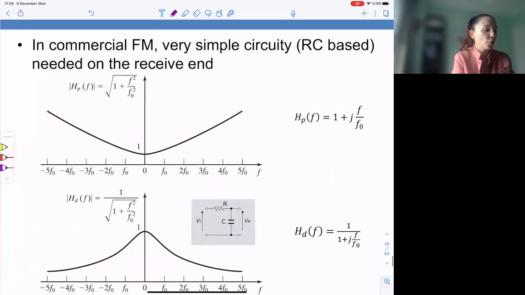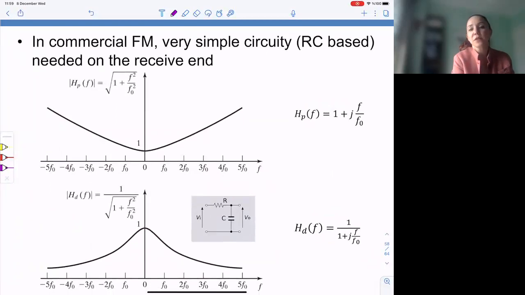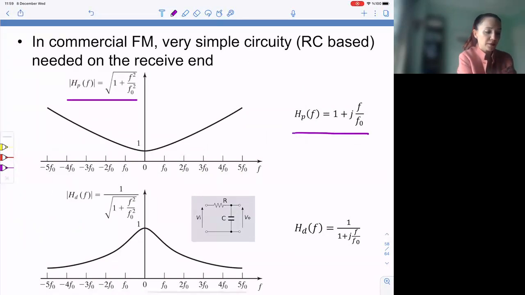Okay, so we could actually do this with a very, very simple circuitry based on just an RC circuit. So think about this simple filter characteristic, which has this frequency representation.